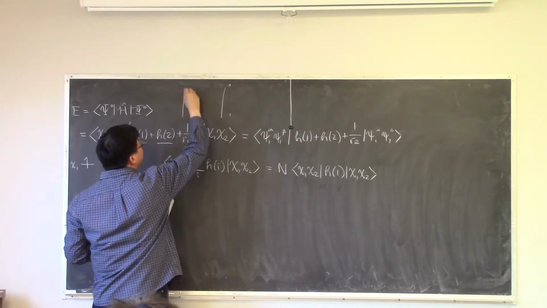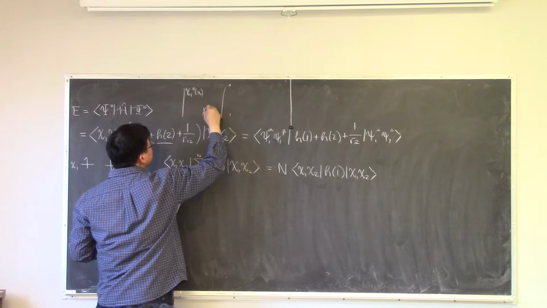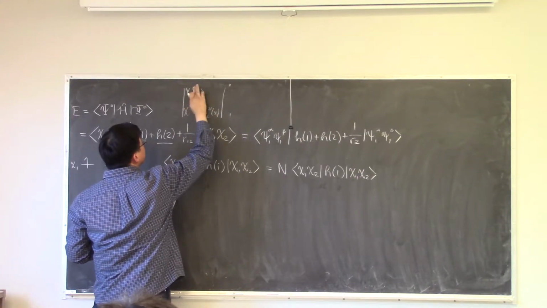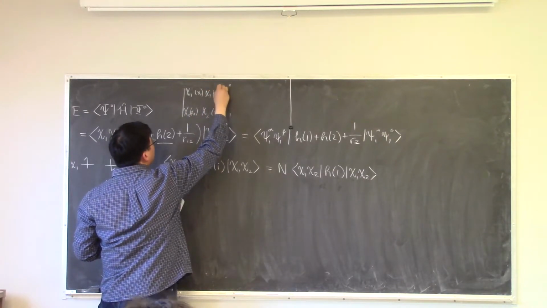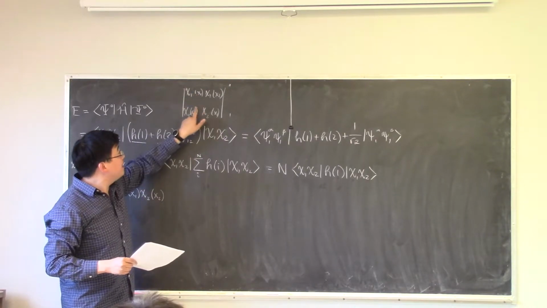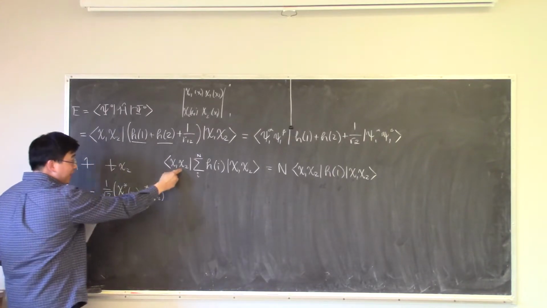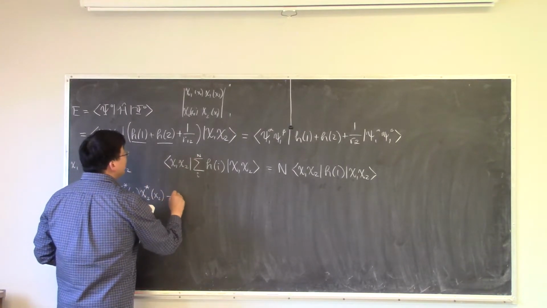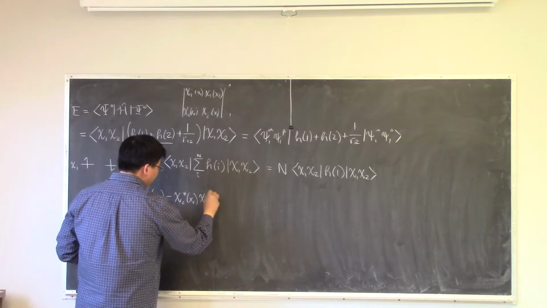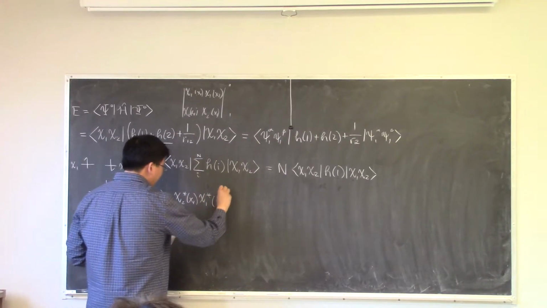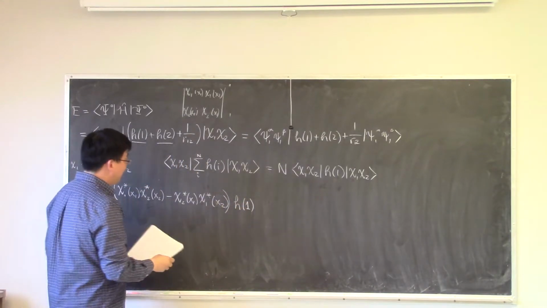Let me just write the Slater determinant up here for reference. To evaluate the Slater determinant, you multiply this and then you subtract that, right? So chi1 star of x1, chi2 star of x2, that's because I'm writing the left-hand side, minus chi2 star of x1, chi1 star of x2.